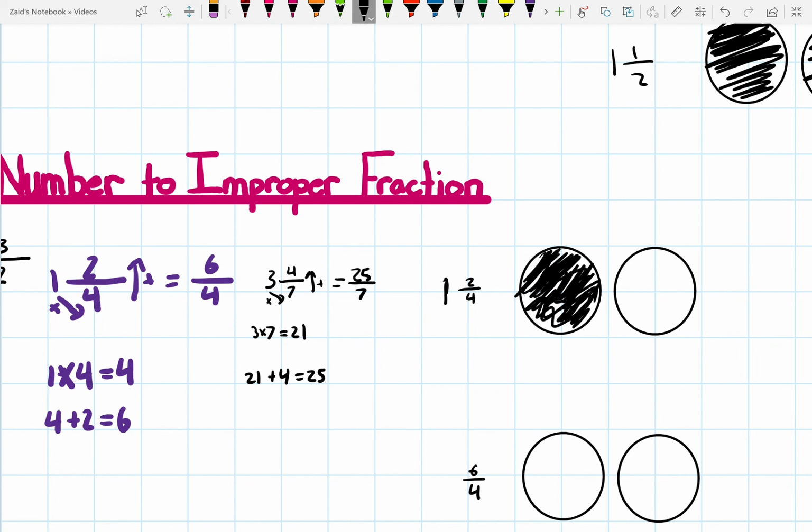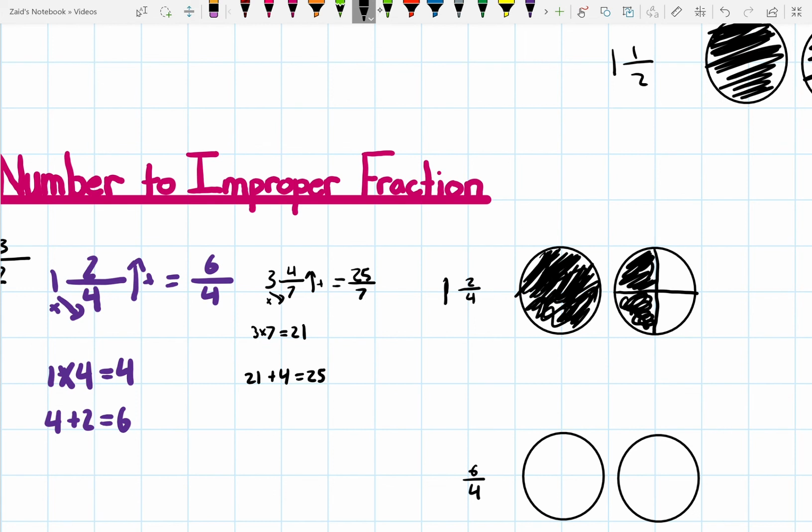And then it says that 2/4 are already shaded in. So let's first put in 4 parts and shade in 2 of them. And there we go.